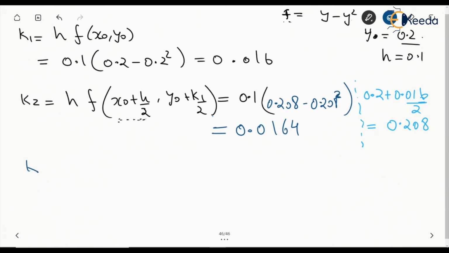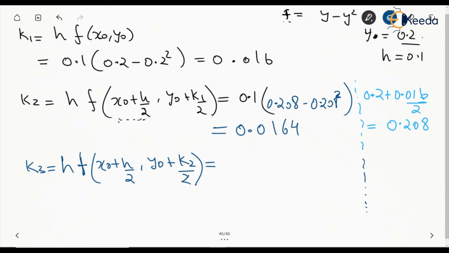Now K3 is h times of function at x naught plus h by 2 and y naught plus k2 by 2. So let's see what is k2. What is this term? This is 0.2 plus k2, 0.0164 divided by 2.